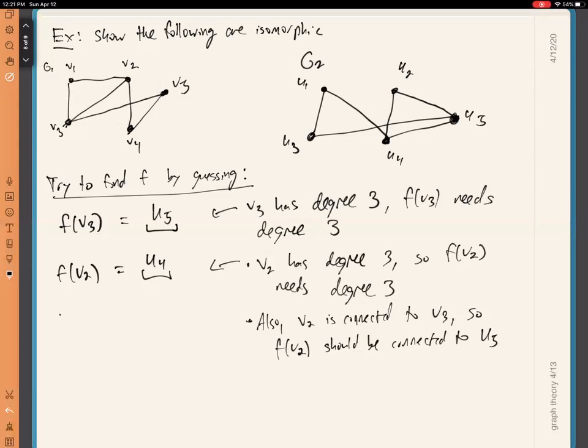Okay, and finally, let's continue along. Let's now move on to v1. Now notice that v1 has degree 2, and so I want to pick something that has degree 2. However, I also need to make sure that v1 is connected to v2, and so whatever I choose for f of v1 needs to be connected to u4, because it needs to be connected to f of v2.